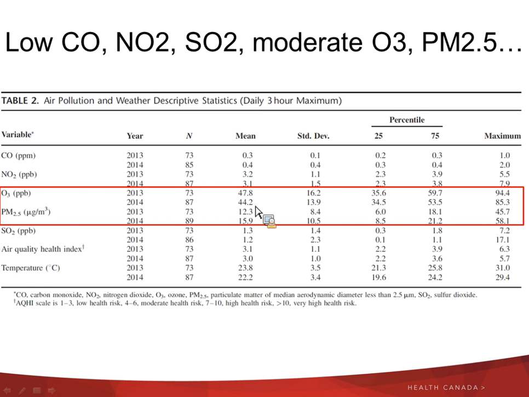So mean concentrations of ozone were in the 40s and of PM 2.5 in the low to mid-teens, and maximum concentrations of ozone in the 80s and 90s, and PM 2.5 in the 40s and 50s. And then you can also see here that the Air Quality Health Index, which is generally on a 0 to 10 point scale, was around 6, the maximum value in both summers.